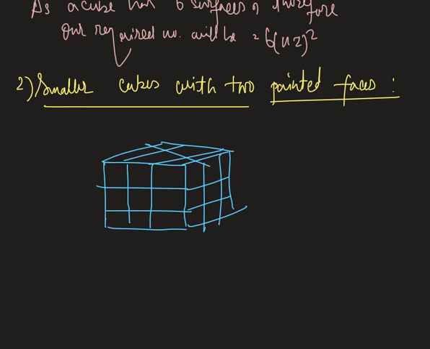So the required portions we need are these yellow lined portions.